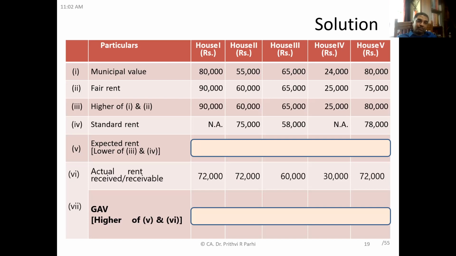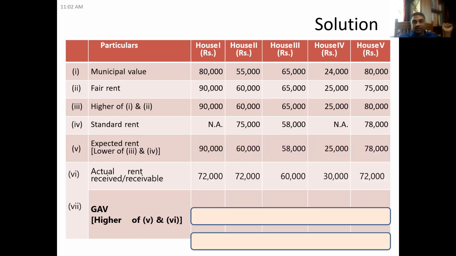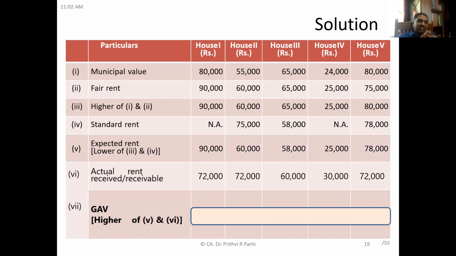The first one is 90,000. Second is 60,000. Third is 58,000. Fourth is 25,000. Fifth is 78,000. You have seen that the lower figures are taken here. Actual rent figures are given to you. Now, what is gross annual value?